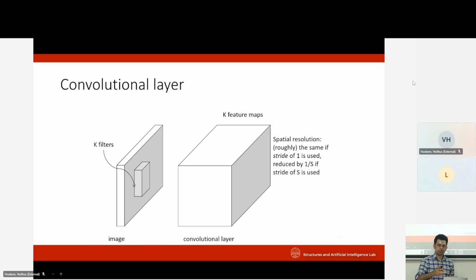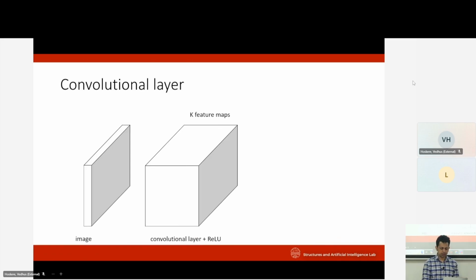So if you skip a pixel, then your stride is going to be 2. If you skip 2 pixels, then your stride is 3. And if your stride is 2, then it reduces the dimension by 1 over 2. And if your stride is S, it reduces the dimension by 1 over S. So it's another way you can downsample instead of doing the pooling.